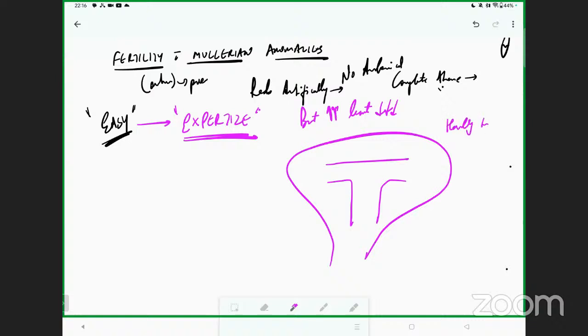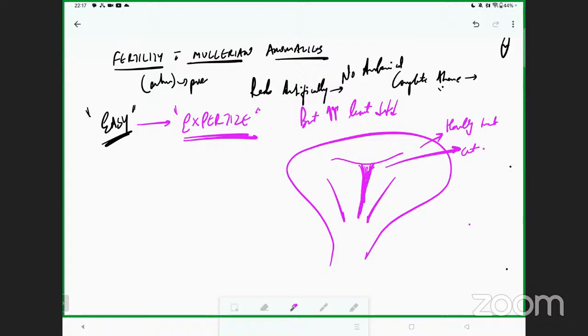If the cavity is a normal cavity but with a slight arcuation, we hardly have to treat. If there is a small septum, all we have to do is use scissors and just cut it open.